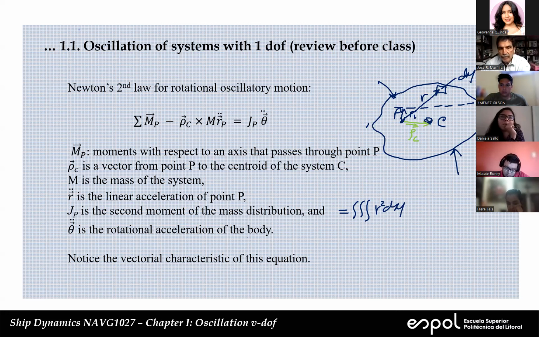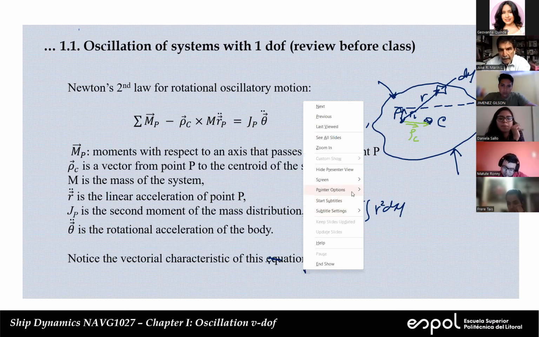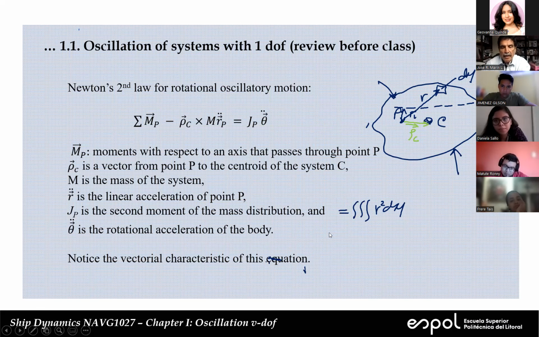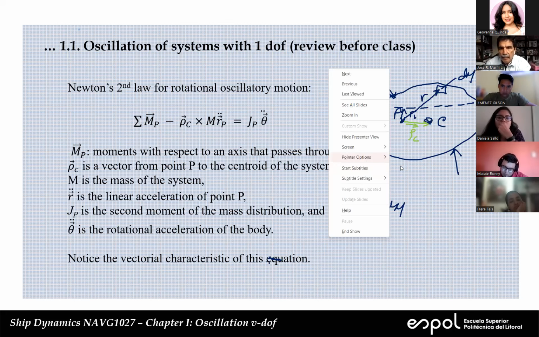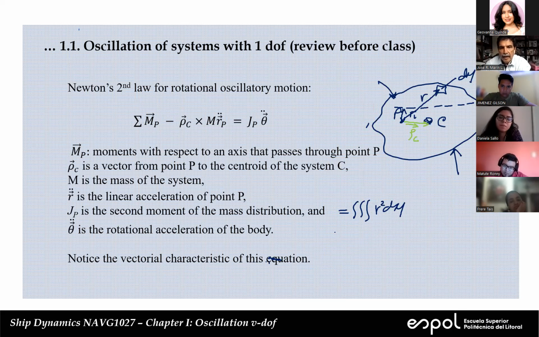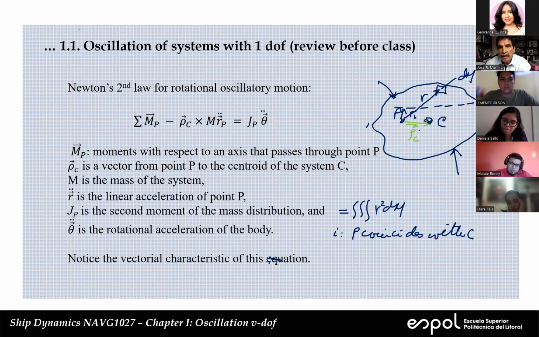Now, there are 2 special situations here that we usually apply. One special situation occurs when P coincides with C. If P is in here, in this case, this vector would be 0.